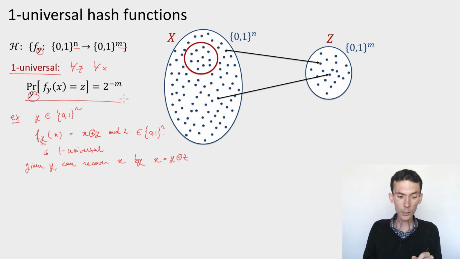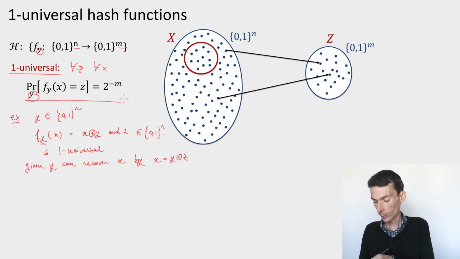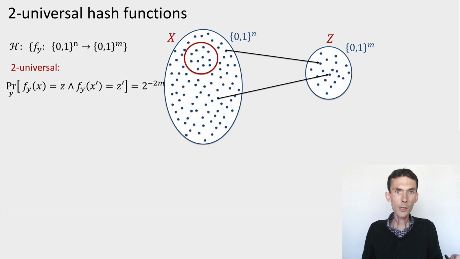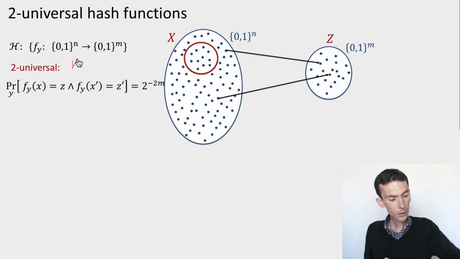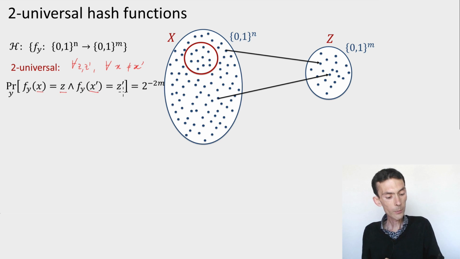We're going to have to look at two universal families of hash functions. So what's a two universal family of hash functions? It's something that satisfies the following condition. So it should be the case that for every z and z prime, and also for every x that is different from x prime, the probability not only that x is mapped to z, but also the probability that x prime is mapped to z prime, so that's why it's called two universal.